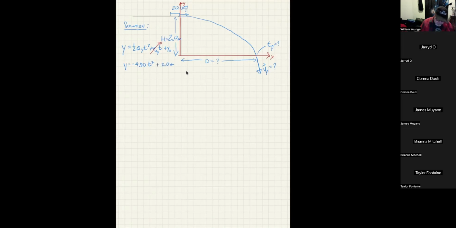The 4.9 came from, well, it's half the gravity for Y. Y is equal to negative 1/2 the acceleration times time squared. So if you take 1/2 of 9.8, you'll get 4.9. That's why that number's there.